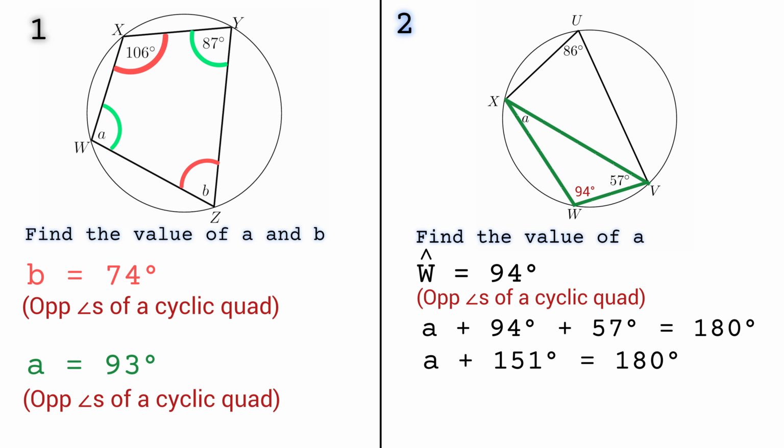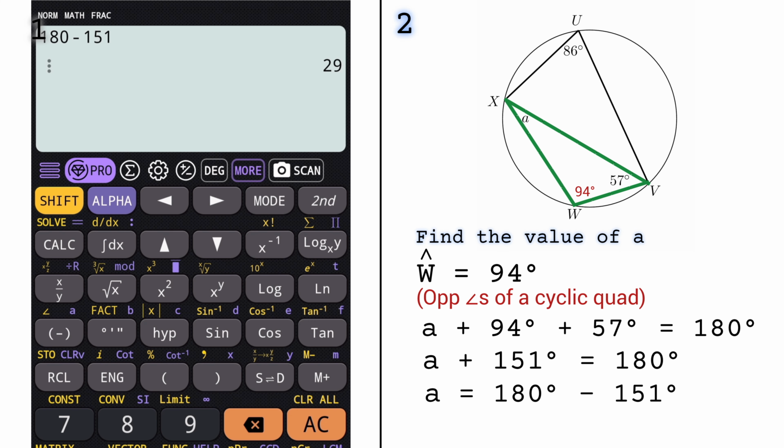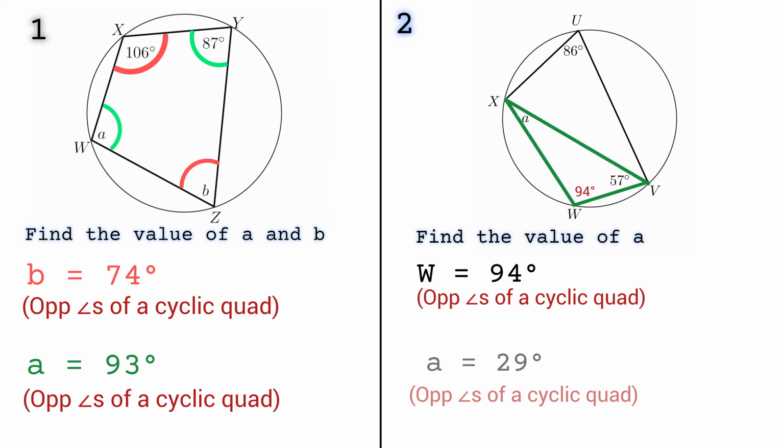Then we group the like terms by taking 151 degrees to the other side of the equal sign. 180 degrees minus 151 degrees is equal to 29 degrees. So the value of A is 29 degrees.